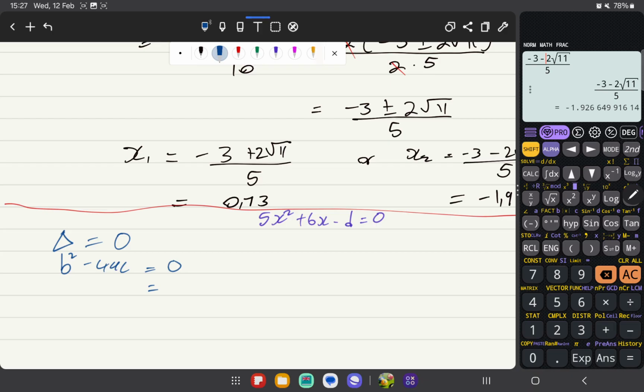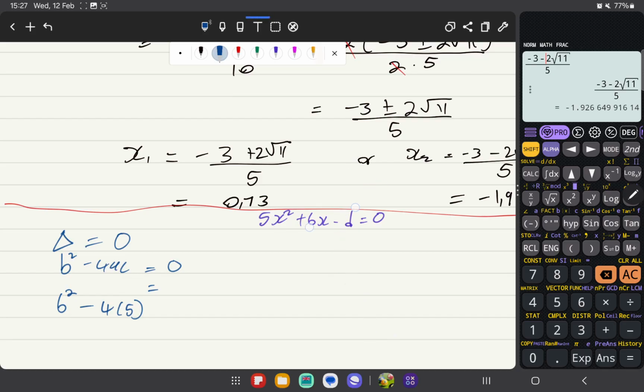Just use substituting your b. It's gonna be 6 squared minus 4, and then a is 5, c is d. Let me see.